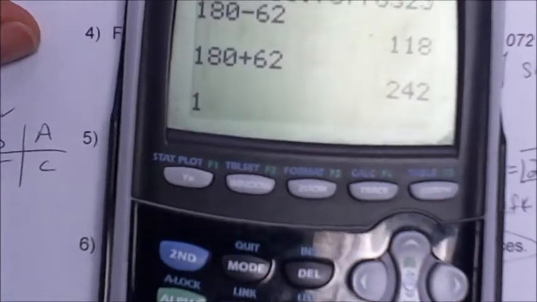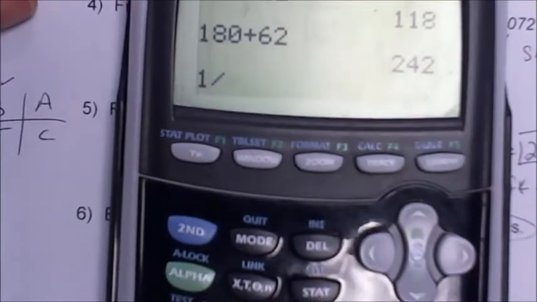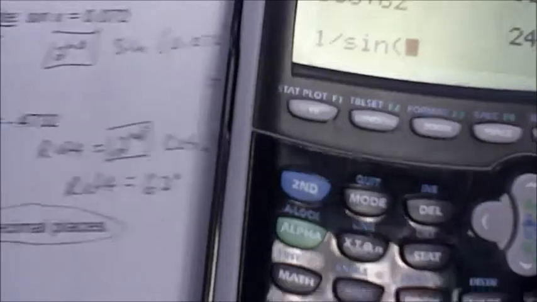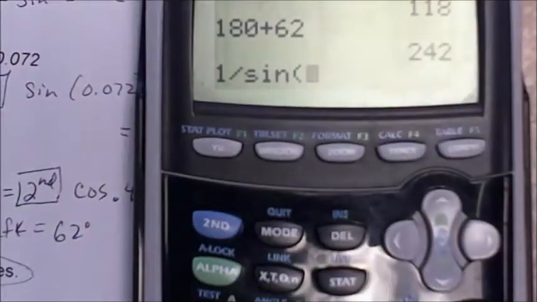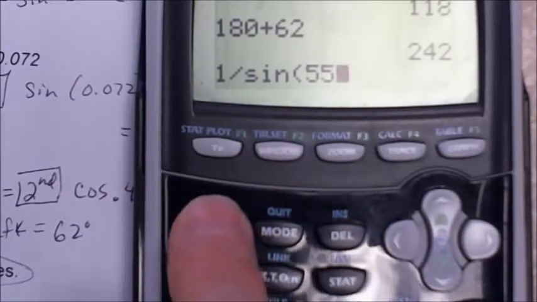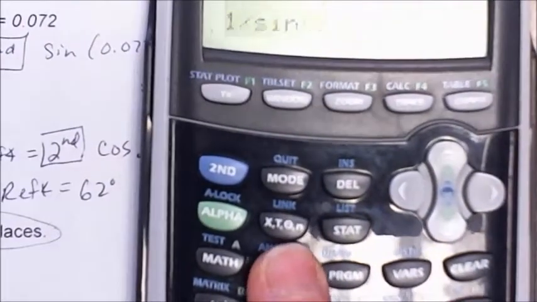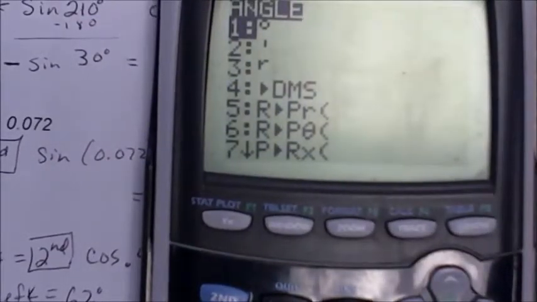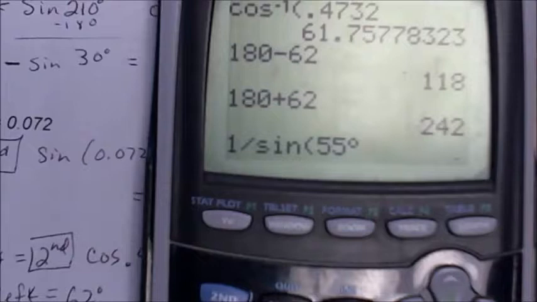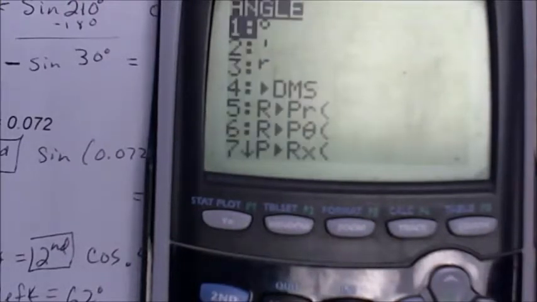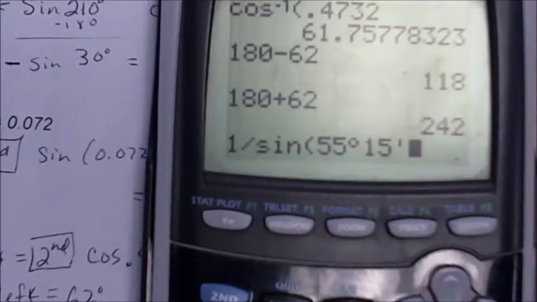So 1 divided by the sine of 55 degrees: second apps is angle, option 1 is degrees. 15 minutes, second angle, option 2.